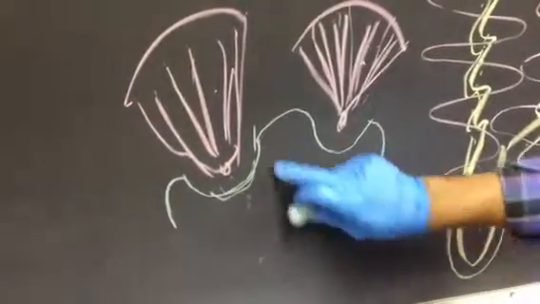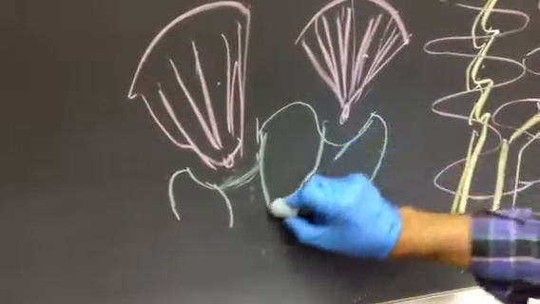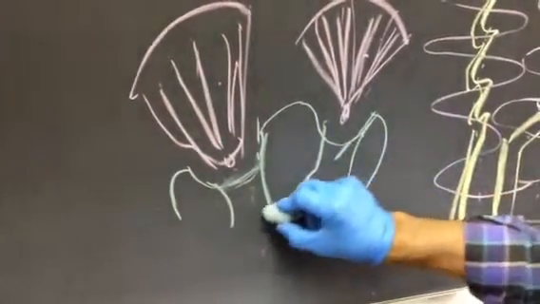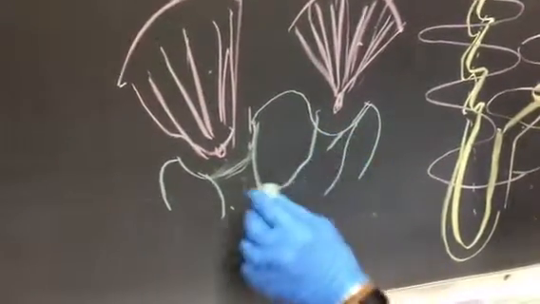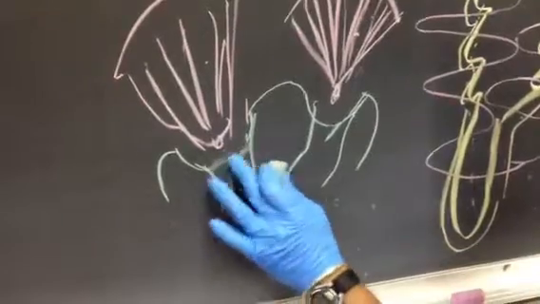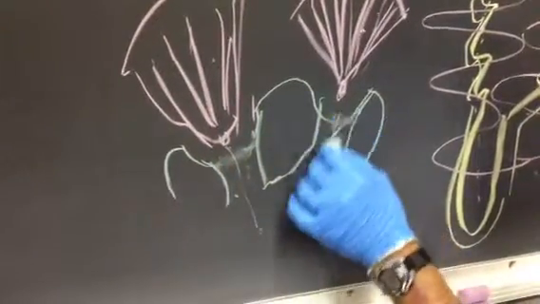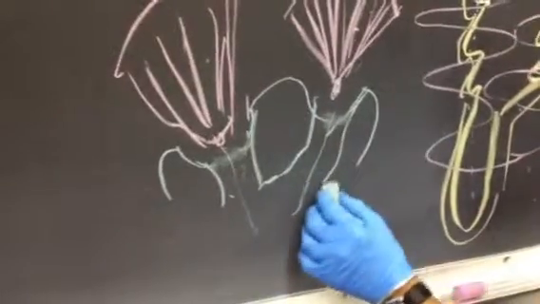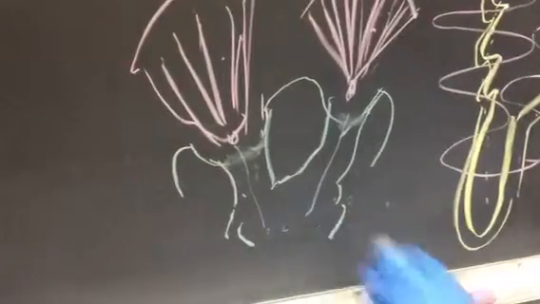So if you can think of this as, let's put it this way, a river that's going to unite here. So we have minor calyces. This is picking up, it's a small calyx, and urine is coming down here, coming down here. Now we've got two making one. So this would then be considered a major calyx. Okay?